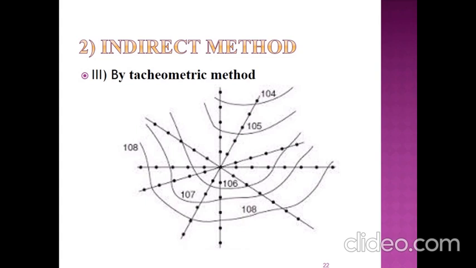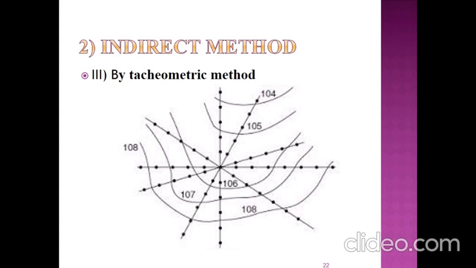From these traverse stations, a number of radial lines are drawn at some angular interval depending upon the nature of the country. A tachymeter fitted with an anallactic lens is placed on the traverse station. The observations corresponding to the cross wires, stadia wires and the vertical angles are carried out on all the control stations and on the points of details.